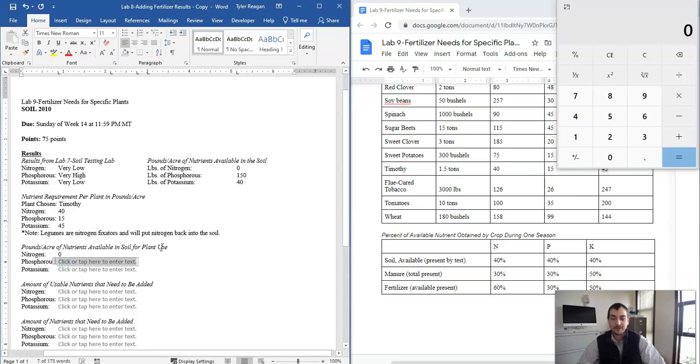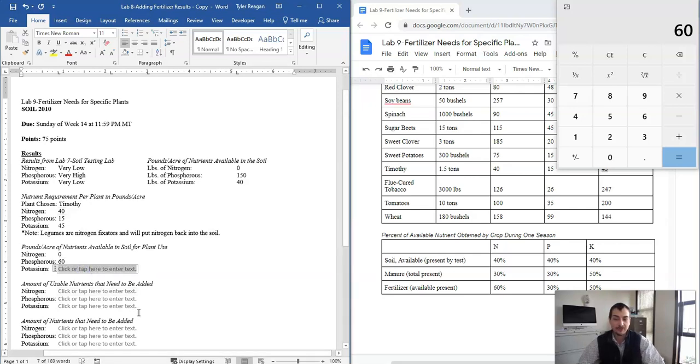So what about phosphorus? We have 150 pounds per acre available, but the plant is only going to use 40%. So we're going to take that 150 times 0.4. So we actually have 60 pounds of phosphorus that is available in the soil for plant use. The plant is going to have the ability to use up 60 pounds. Well, what about potassium?